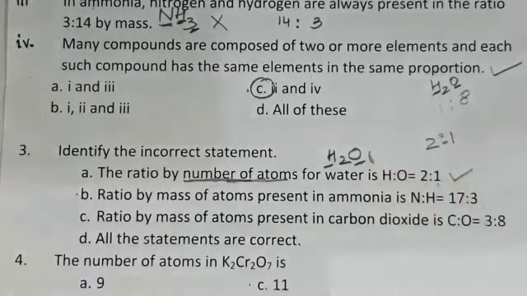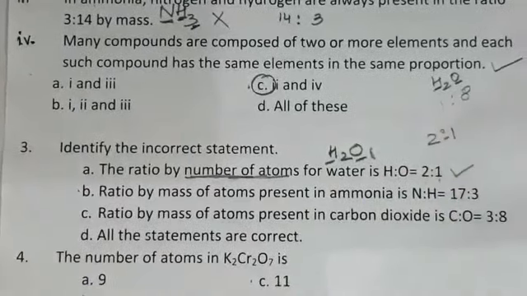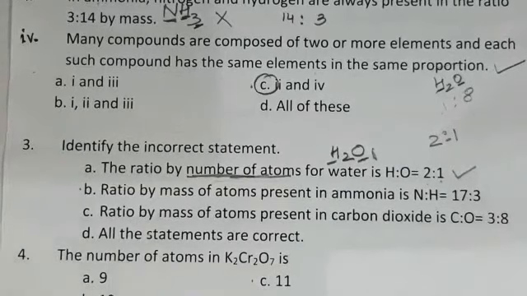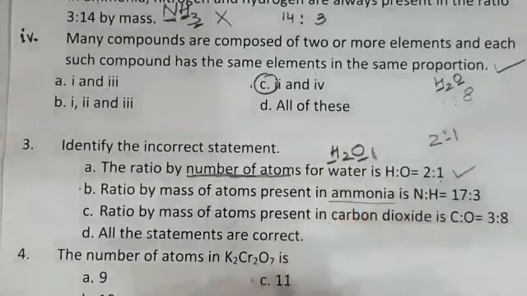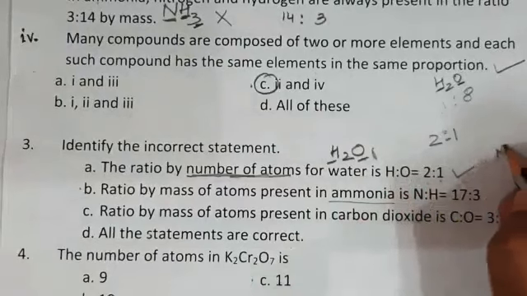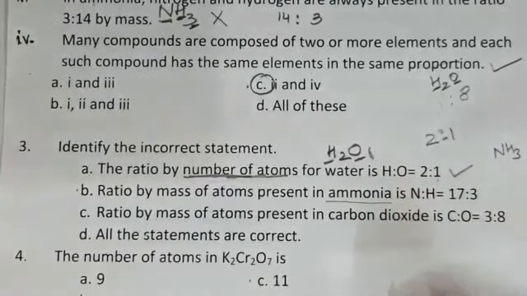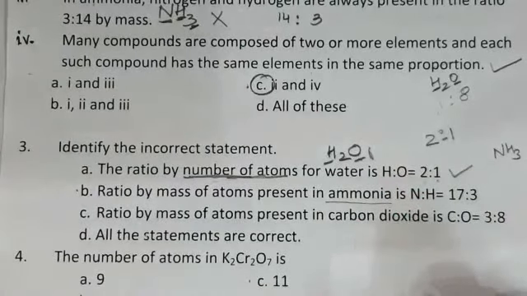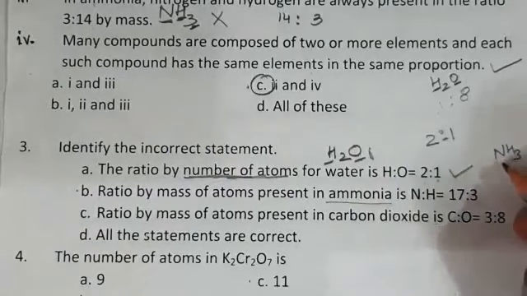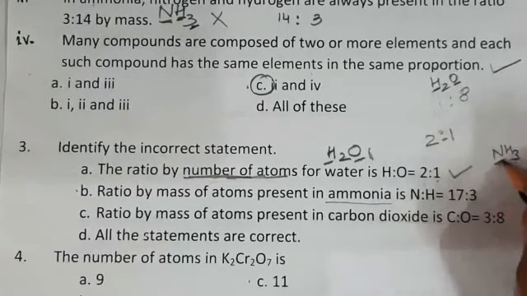2:1. Second, ratio by mass of atoms present in ammonia. What is the formula of ammonia? It is NH3. Okay. Now ratio by mass of atom. What is the atomic mass of nitrogen?